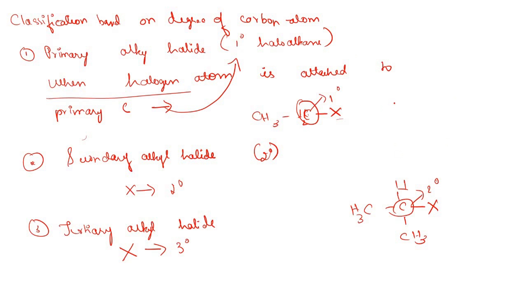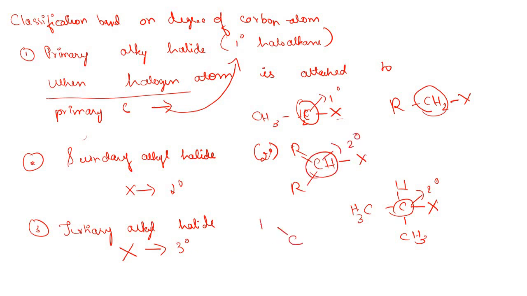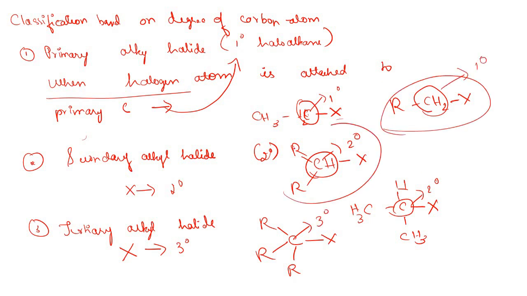When it is CH2X, this is primary; for secondary you replace it with a 2 degree carbon, and a tertiary alkyl halide has three alkyl parts and one hydrogen. Keep these three structures in mind, where R is an alkyl part, like methyl, butyl, ethyl, etc.